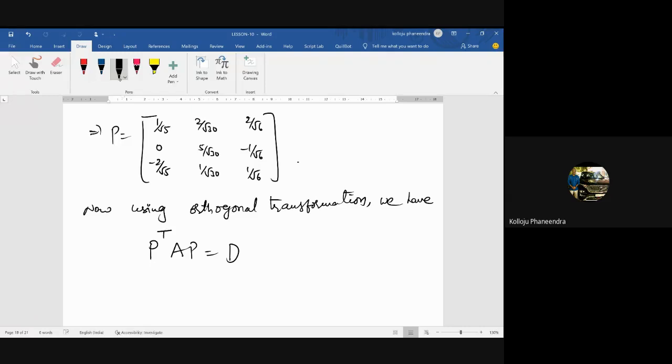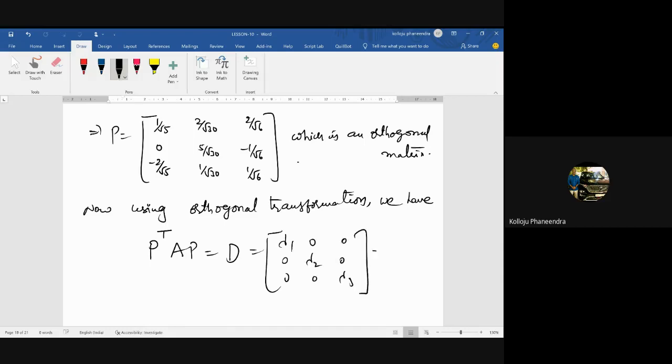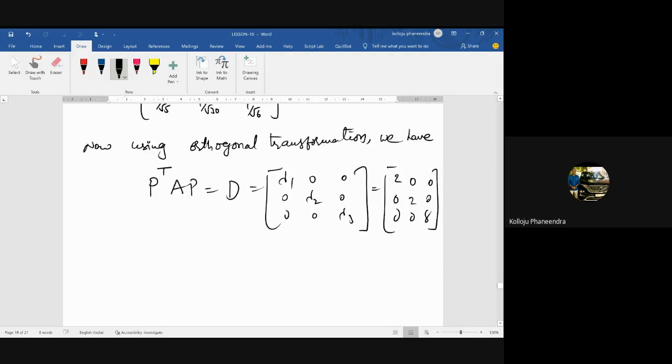That's it, P is an orthogonal matrix. The D value is lambda 1, 0, 0, 0, lambda 2, 0, 0, 0, lambda 3. That is equal to 2, 0, 0, 0, 2, 0, 0, 0, 8. That's it.